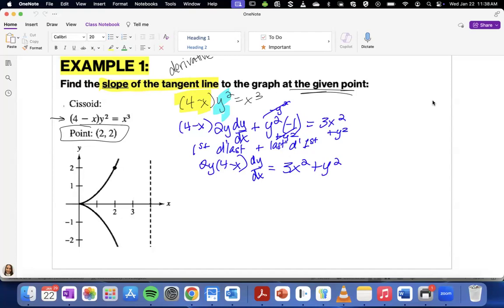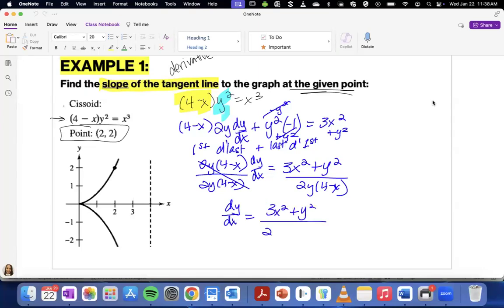Now, to solve for dy dx, I divide by this entire thing. I'm going to divide by 2y times 4 minus x on all sides. So I get dy over dx is going to be all of this, okay? But this is not our goal. This is step 1, find the derivative.